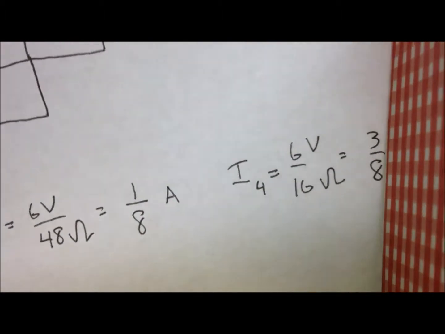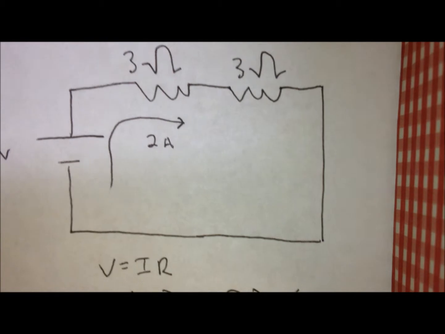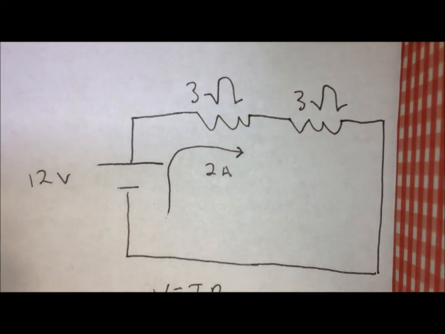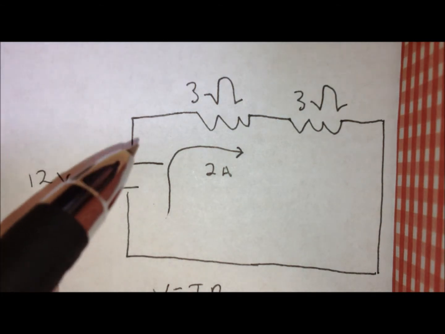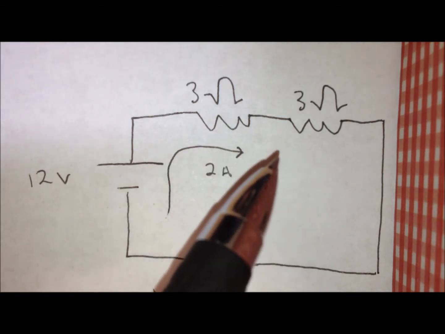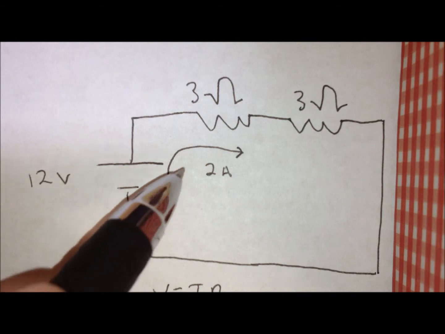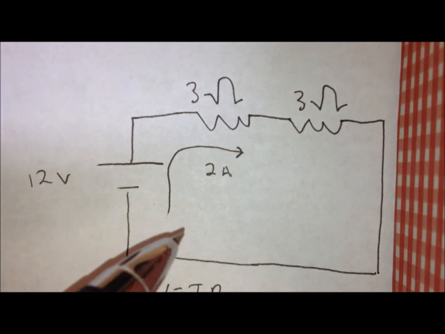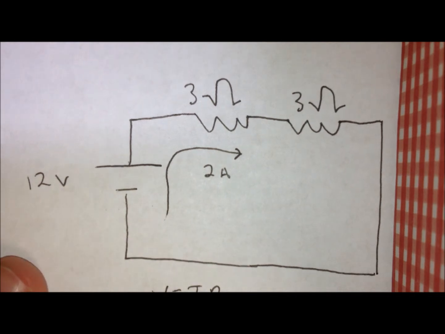Coming on to the next page of my work, we still have that 12-volt battery, and now I broke up the resistors. We're backtracking so that we can resolve for each resistor. We have the 3 ohms and the 3 ohms, back at that step, and we still have that 2 amp current flowing through both of them because they're in series, so the current stays the same.